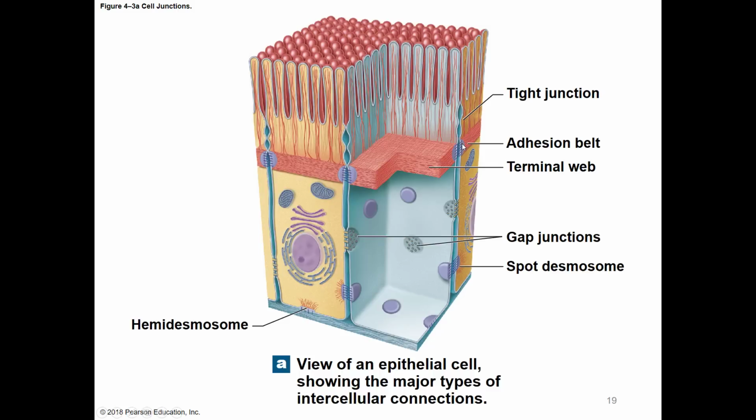And underneath it is the adhesion belt, which is a web of proteins that attach to the terminal web, which is this, again, more protein. So the adhesion belt is connected to the terminal web. And this interlocks and links up all these proteins to keep the cells tightly together. Above that is the tight junction.